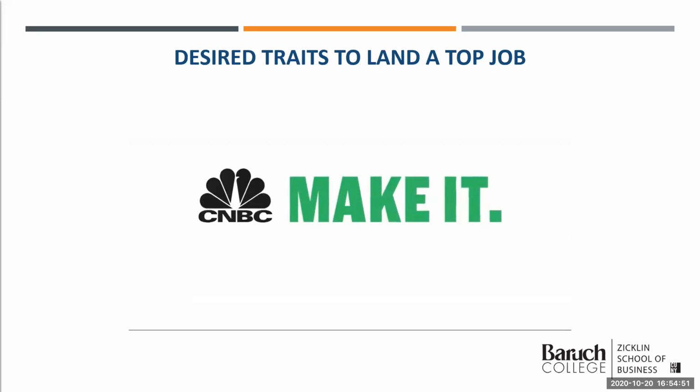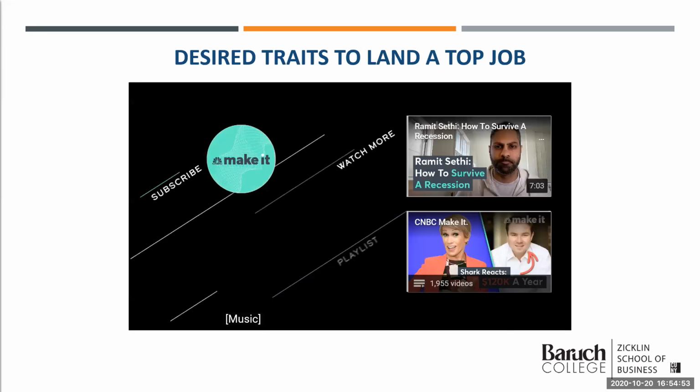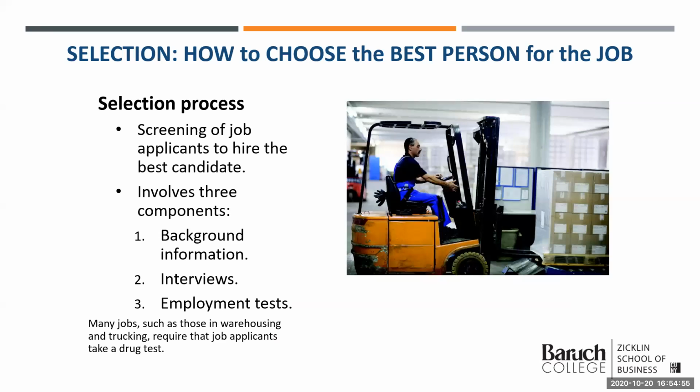So you have a list of candidates to select from. And what's the next step? And the next step is obviously to choose among them who you want to hire. And so the selection process has 3 components: background information.